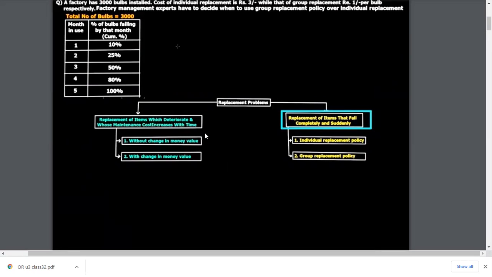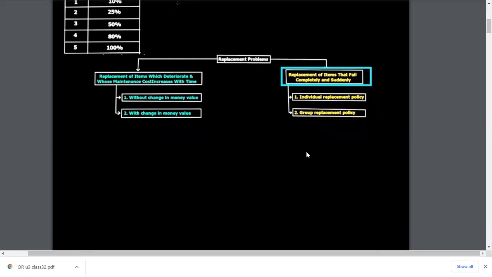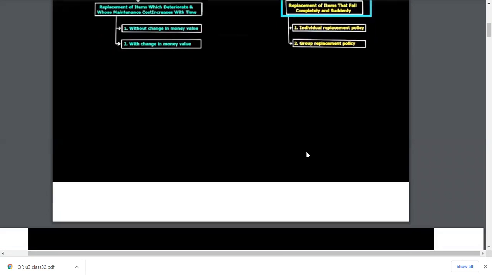In the first type, replacement of items which deteriorate, where maintenance cost increases with time, there are two methods we have already solved, and now we are taking this method: replacement of items that fail suddenly and completely, by taking two methods, individual replacement policy and group replacement policy. In individual replacement we take only one bulb at a time, and in group replacement we take a group of bulbs at a time. Now we will compare which is best and suitable for us. We will see the method.